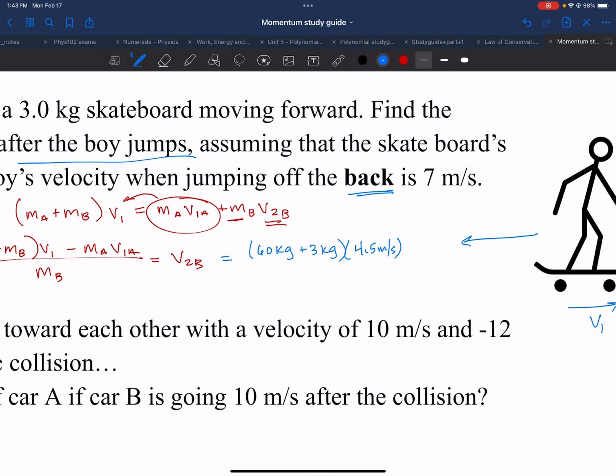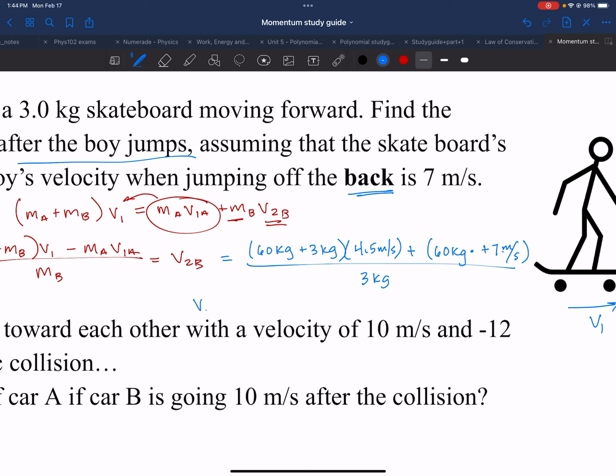We're going to subtract from that MA, which is 60 kilograms times negative 7 meters per second. With a minus and a minus, both of those change to plus. And then my mass of the skateboard is 3 kilograms.